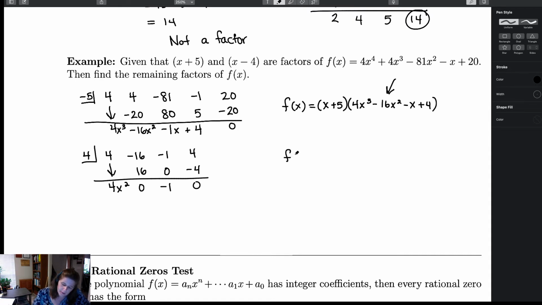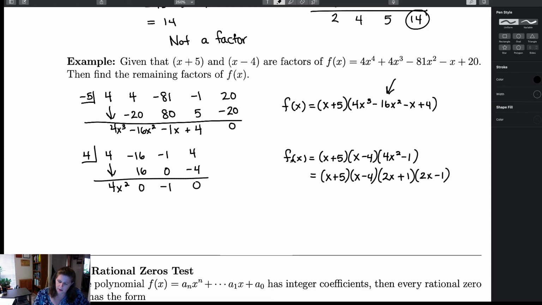So now at this point f of x is equal to x plus 5 times x minus 4 times 4x squared minus 1. And this last piece is a difference of squares. So x plus 5, x minus 4, 2x plus 1, and 2x minus 1. And there's the rest of my factors.